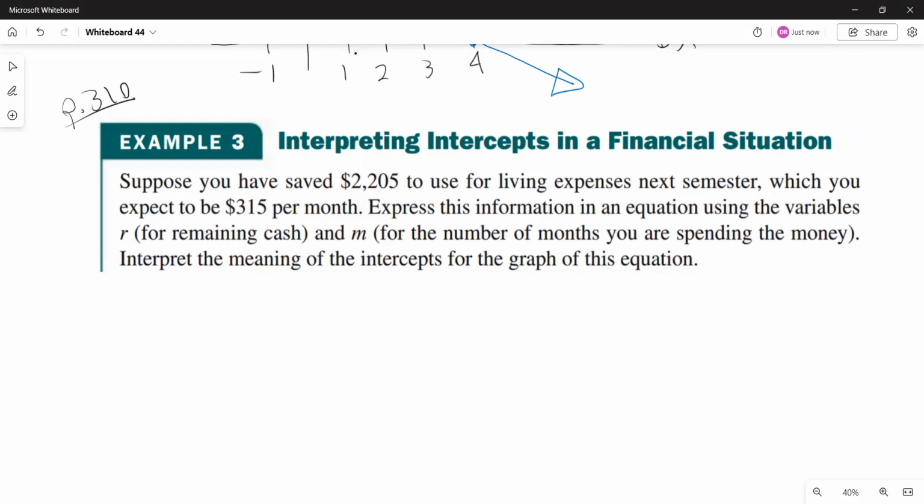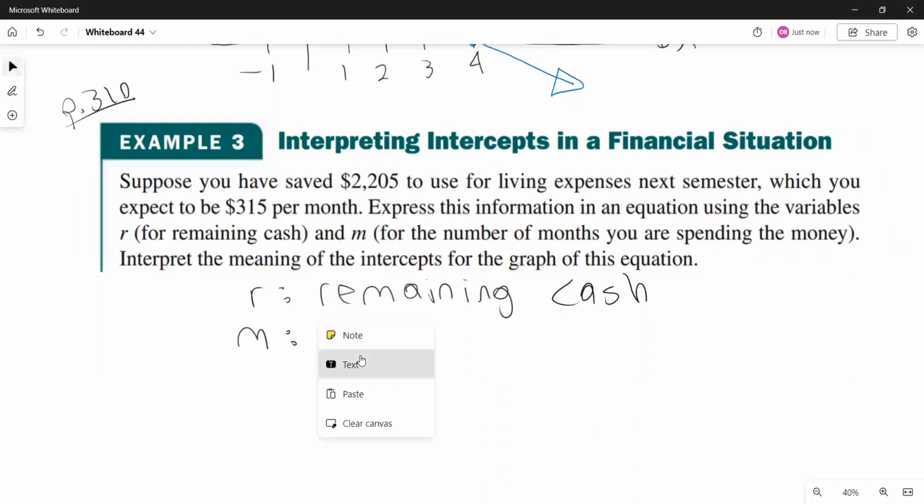Okay, so R represents remaining cash. And M is going to be the number of months. This is the number of months you're spending the money.